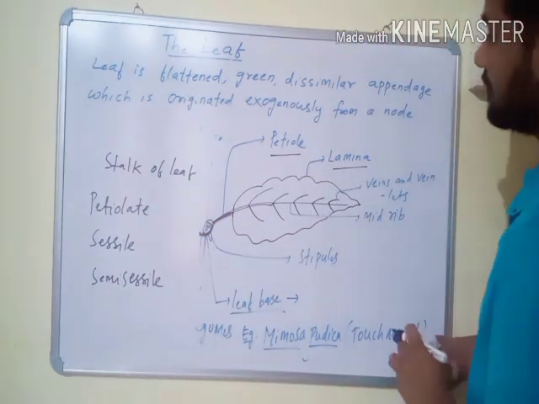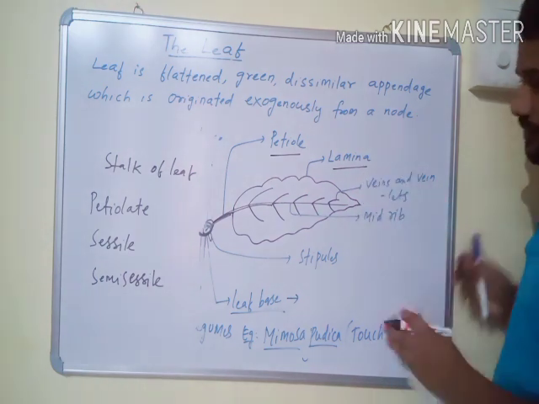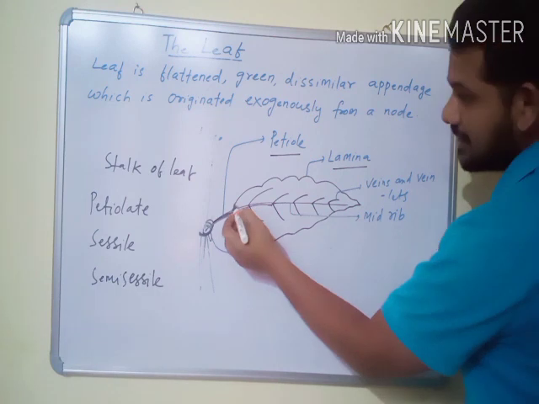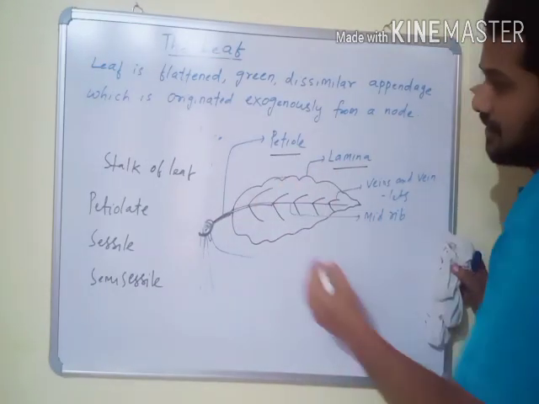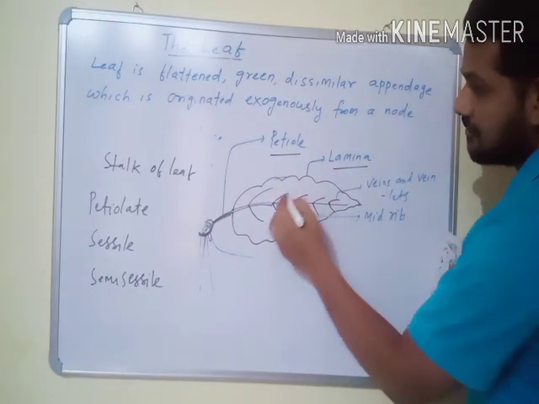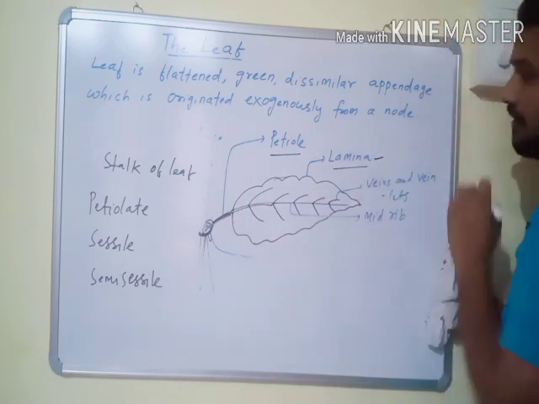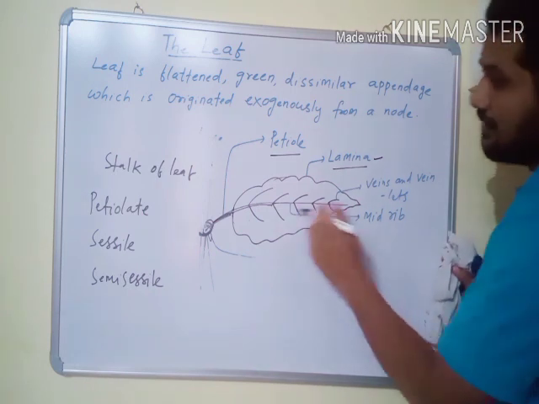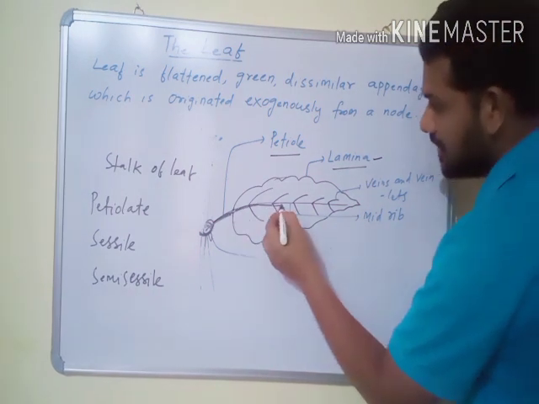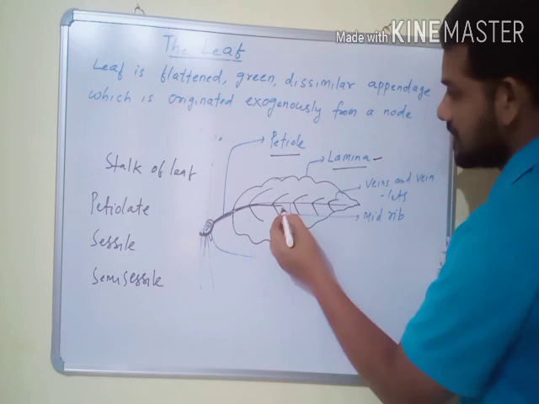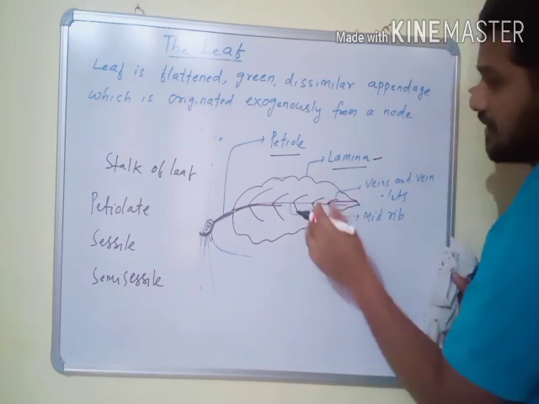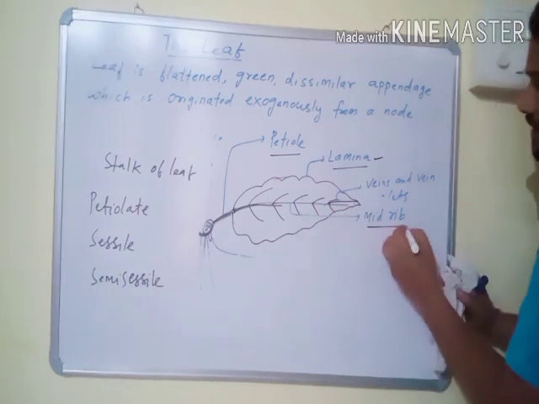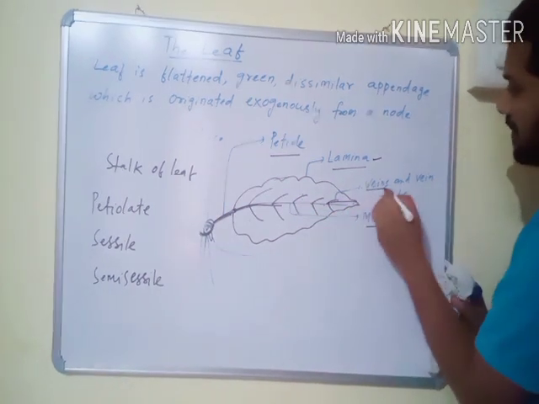And the third part of the leaf is called lamina, or leaf blade. So what is lamina? It is the green expanded region of the leaf. And this lamina possesses many veins and veinlets, and there is a prominent vein that runs from base to apex of the leaf, that is called midrib, and the midrib possesses many veins and veinlets.